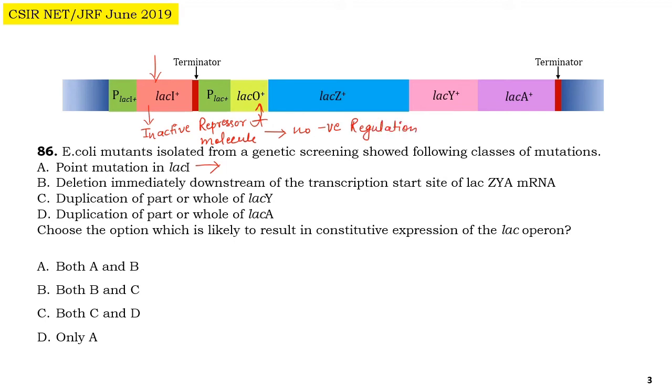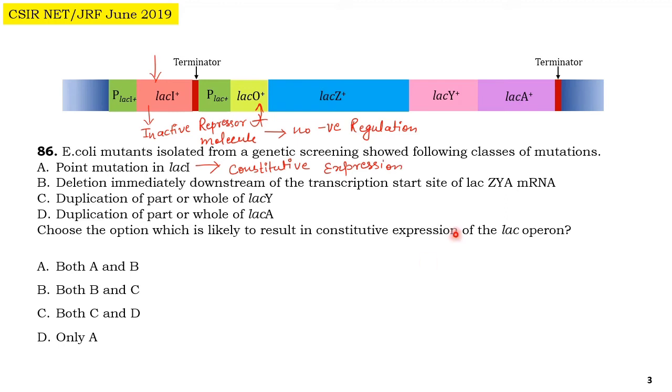So when this repressor molecule will never be able to bind to the operator, this lac-operon will never undergo negative regulation, and so this gene will be constitutively expressed. So in case of the first mutant, that is point mutation in the repressor gene, there will be constitutive expression of lac-operon genes.